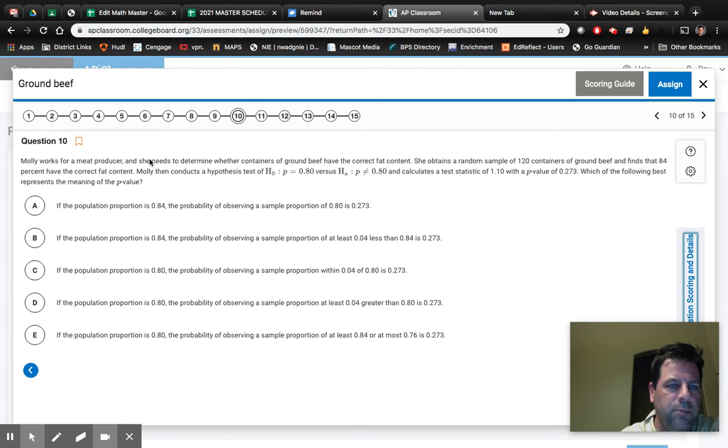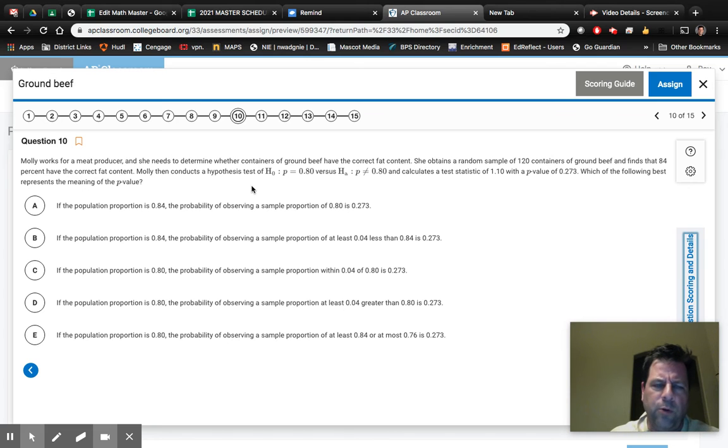Molly works for a meat producer. She needed to determine if the producers have correct fat content. She takes a random sample of 120 and finds 84%. Molly then conducts a hypothesis test, H0: p equals 0.8, Ha: p not equal to 0.8, with a test statistic of this and a p-value of this. Which of the following best represents the meaning of that p-value? This is one of those definitions that we don't use a whole lot, but AP likes to use it.